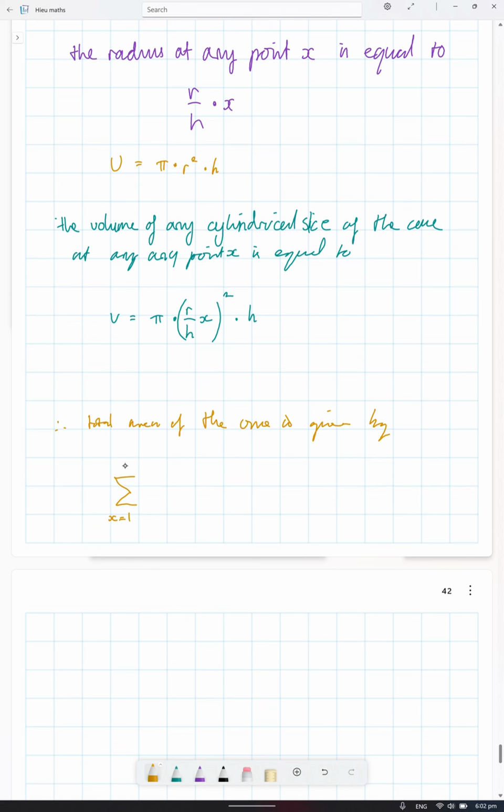And then we're going to h, when x equals h. And then the summation of pi multiplied by r over h multiplied by x, all squared, multiplied by h. And what is h in this case?